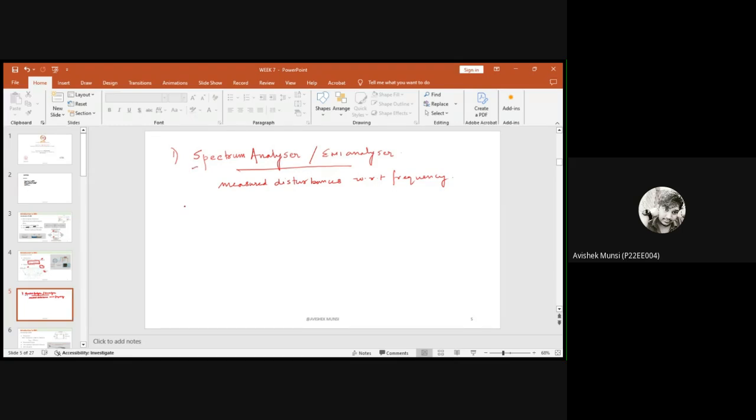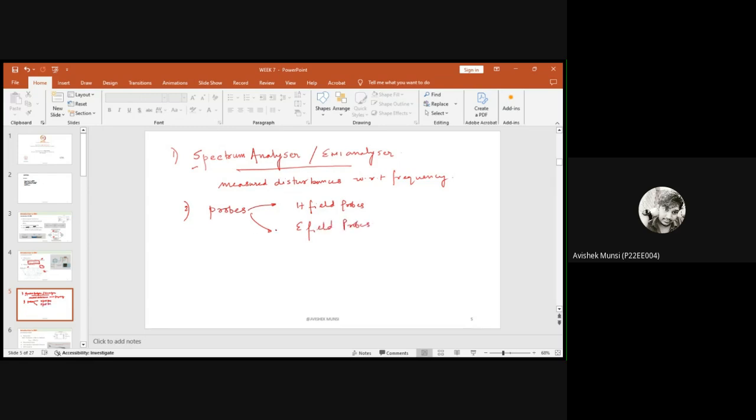The next thing we require for measuring EMI is probes. Specific probes are required for this: H field probes and E field probes, that is, magnetic field probes and electric field probes.